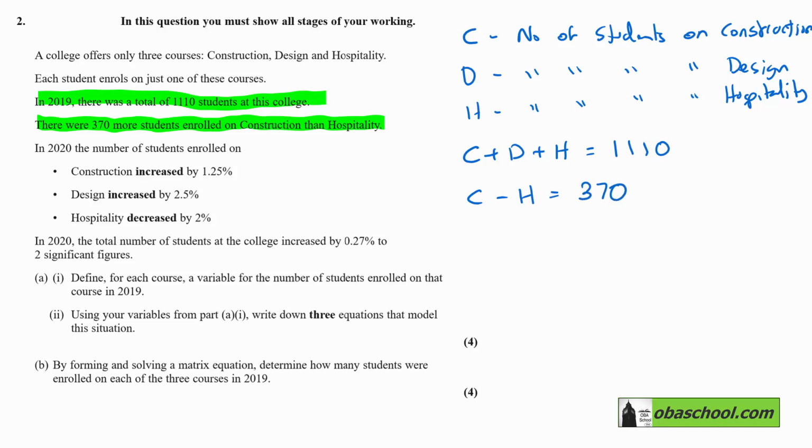We then know that in 2020, the number of students enrolled on construction increased by 1.25%, design increased by 2.5%, and hospitality decreased by 2%. So what we can say is 1.0125C is the number of students enrolled on construction in 2020.